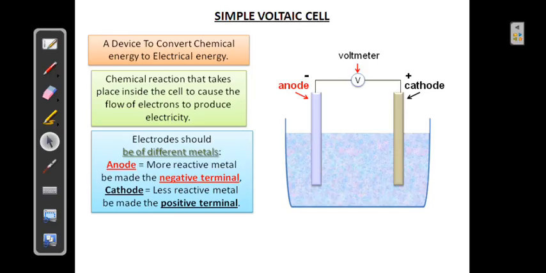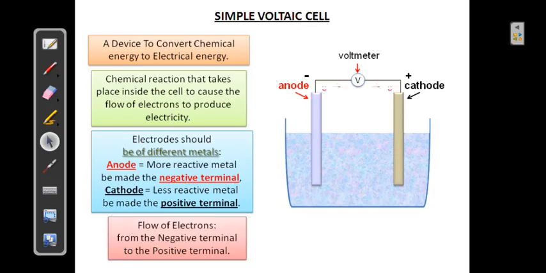At the anode, the more reactive metal, while at the cathode, the less reactive metal is used as the electrode. And the flow of electrons is from the negative terminal to the positive terminal. So that is from the most reactive metal to the less reactive metal. In this case, it will travel from the anode to the cathode.